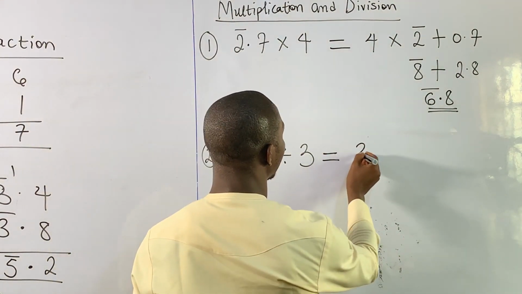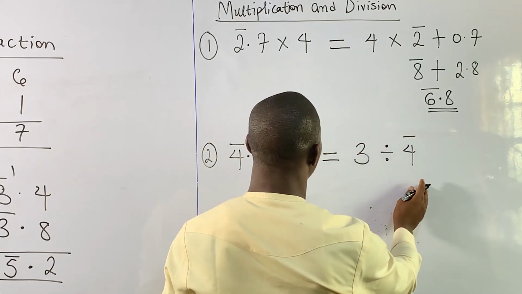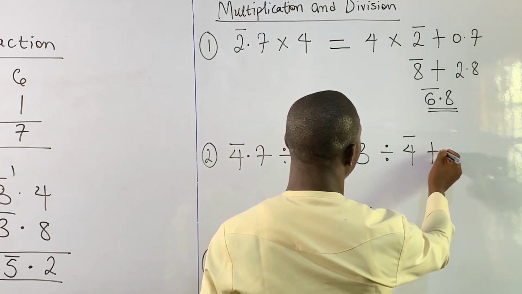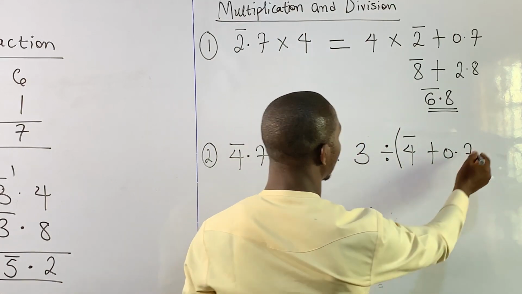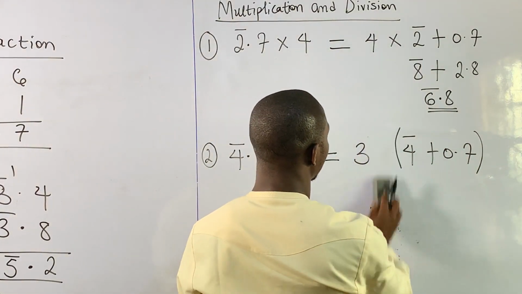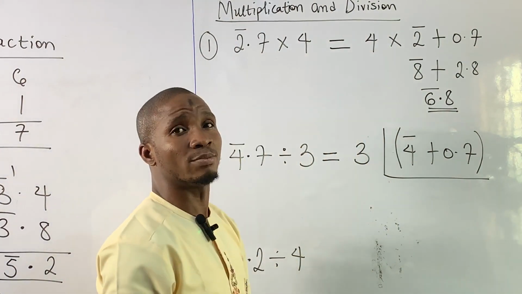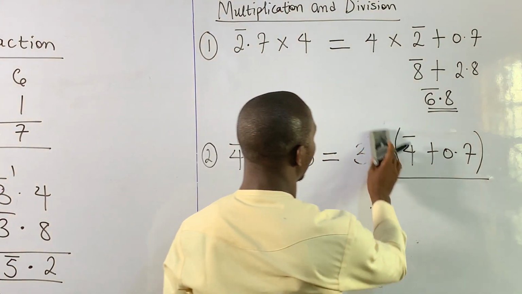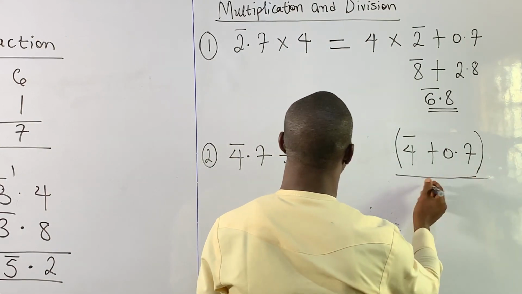You split it, bar 4 plus 0.7, dividing by 3. We can use this symbol or we use this symbol, divided by 3.